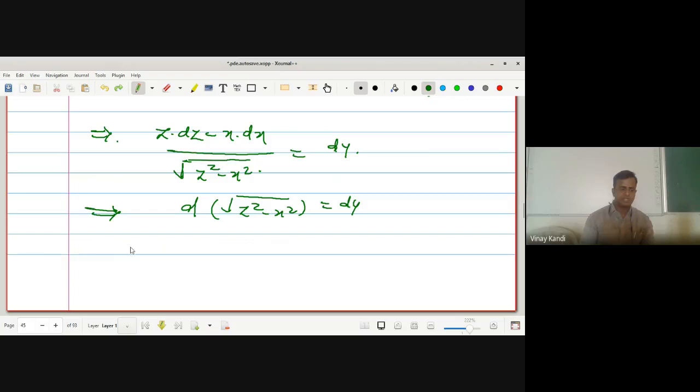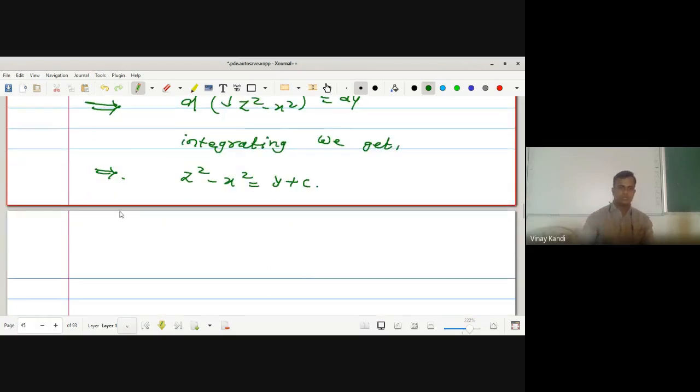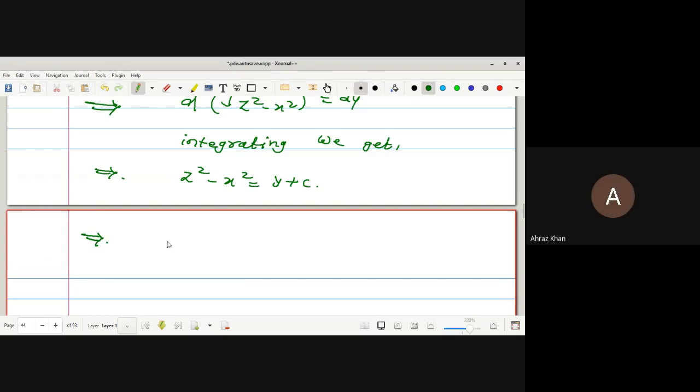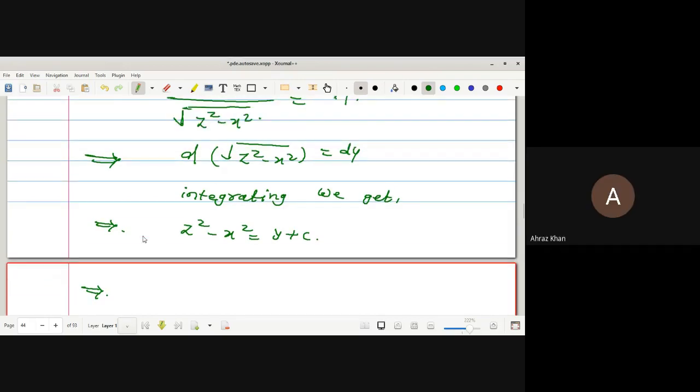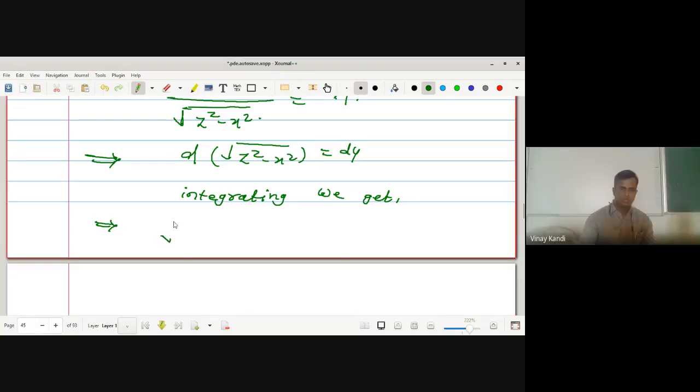Okay, now integrating on both sides, we get, which implies z square minus x square is equal to y plus c, where c is the integration constant, which implies square root of z square minus x square is equal to y plus c.